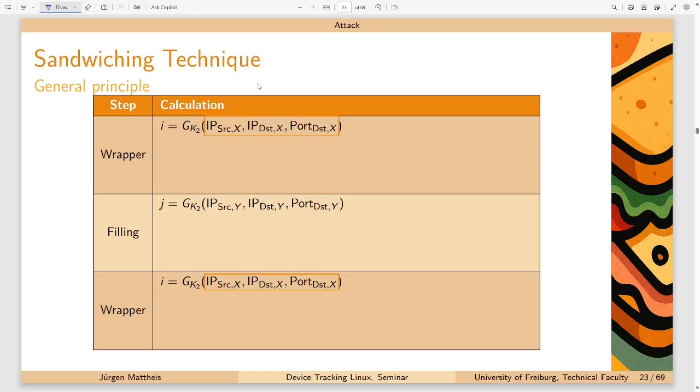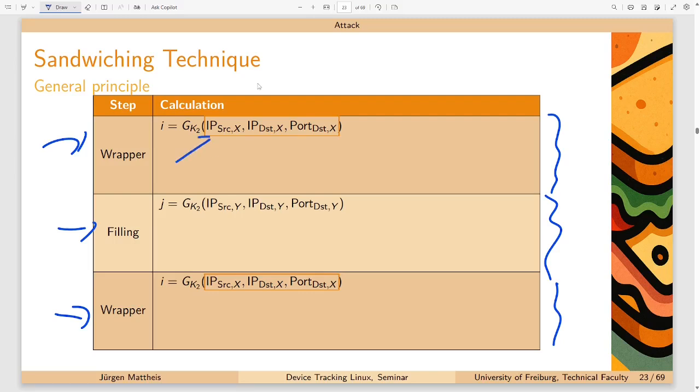Yeah, I guess I shouldn't ask obvious questions. The sandwich is here. We have a wrapper, a filling, and the two wrapper steps and a filling. If you use wholemeal bread, it's I guess much healthier.